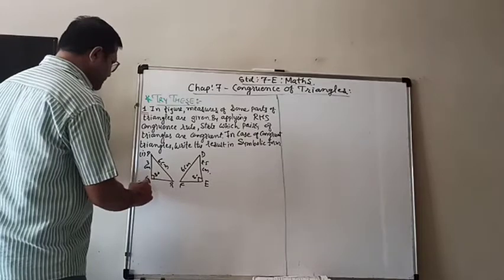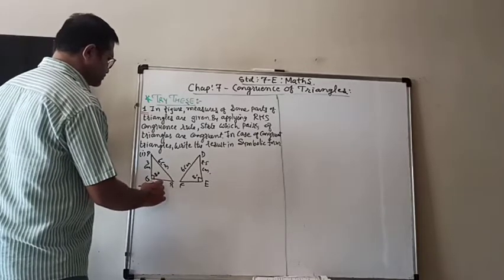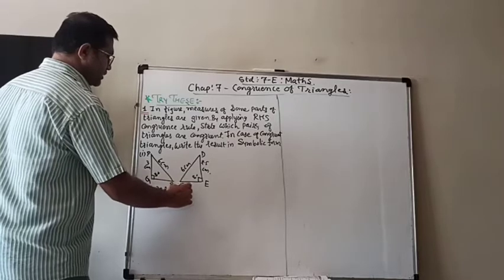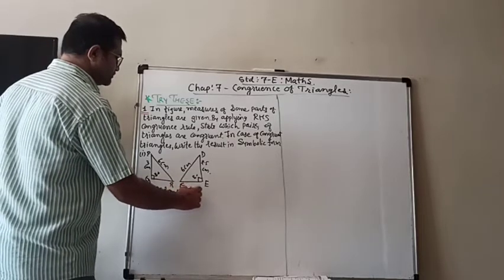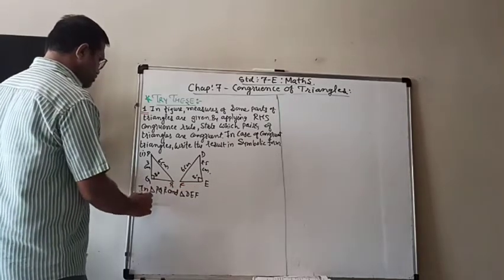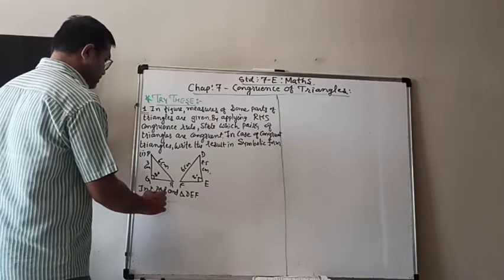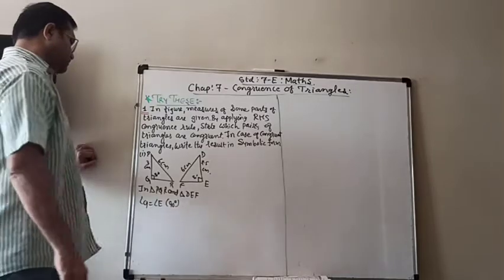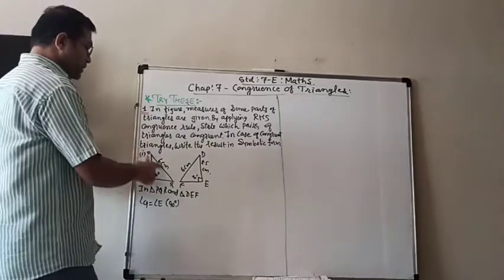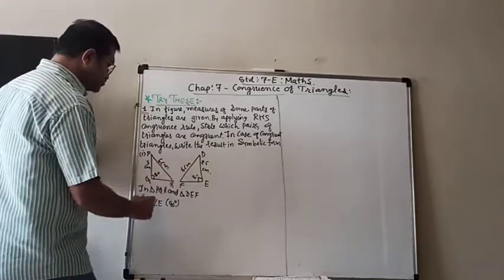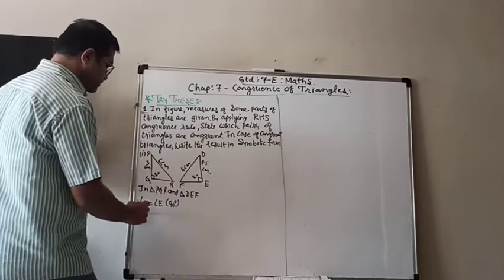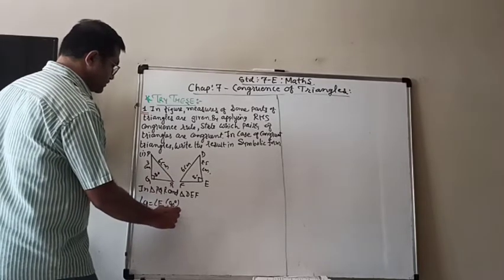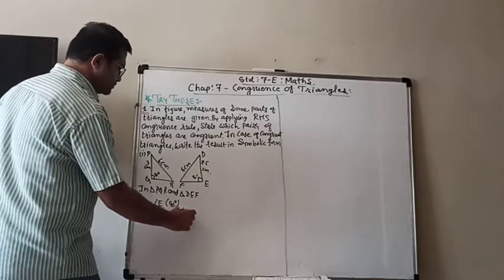So here in triangle PQR and triangle DEF, angle Q is equal to angle E, 90 degree. PR and DF are also equal, 6 centimeter, 6 centimeter.